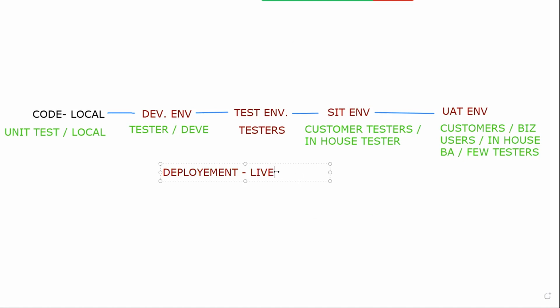But what will happen if some problem comes up inside the live environment? You cannot check things directly in the live environment, because you don't want things to stop in the ongoing live environment.